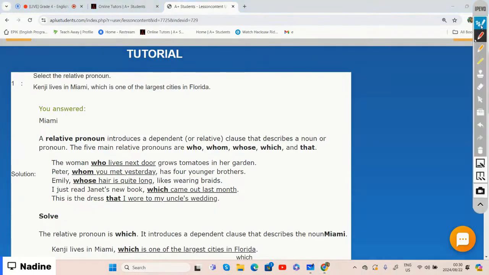For example, we say, Kenji lives in Miami, which is one of the largest cities in Florida.